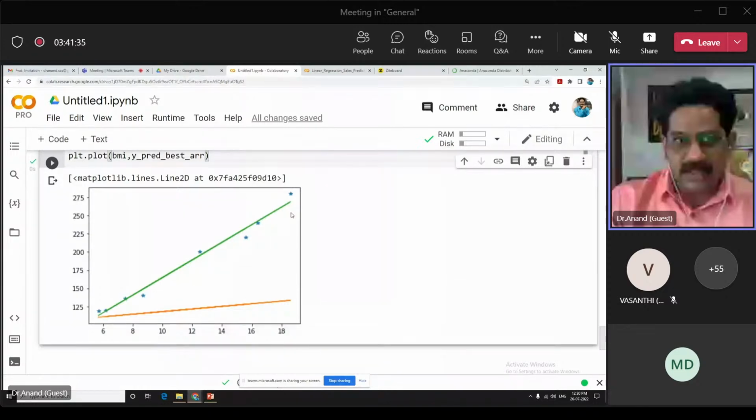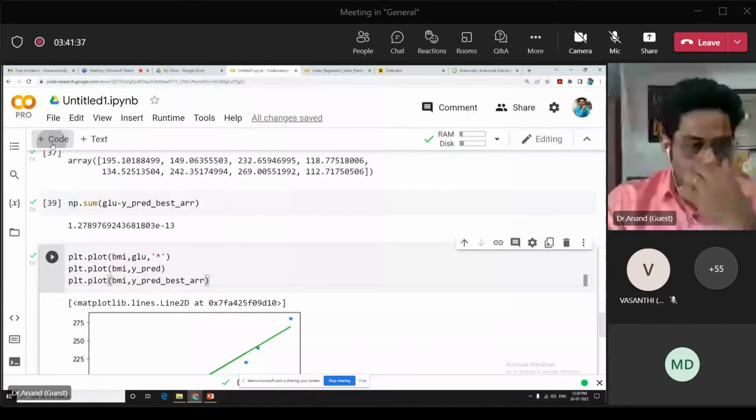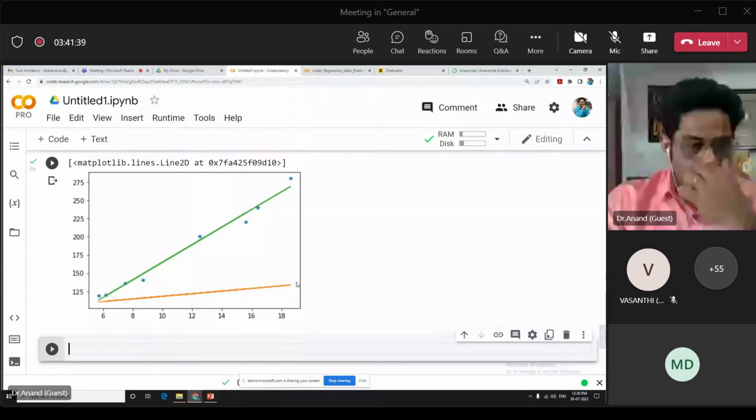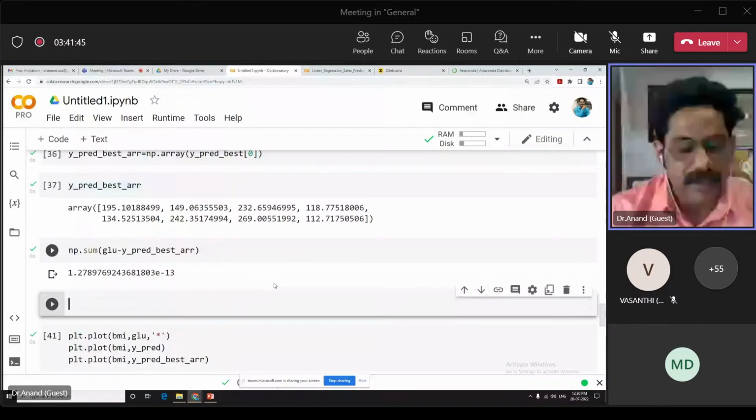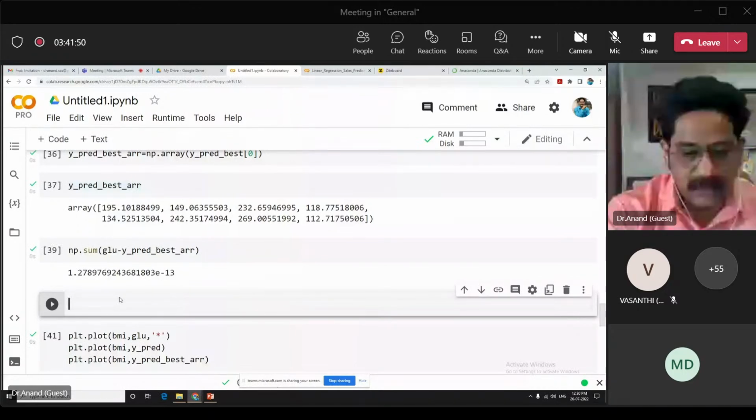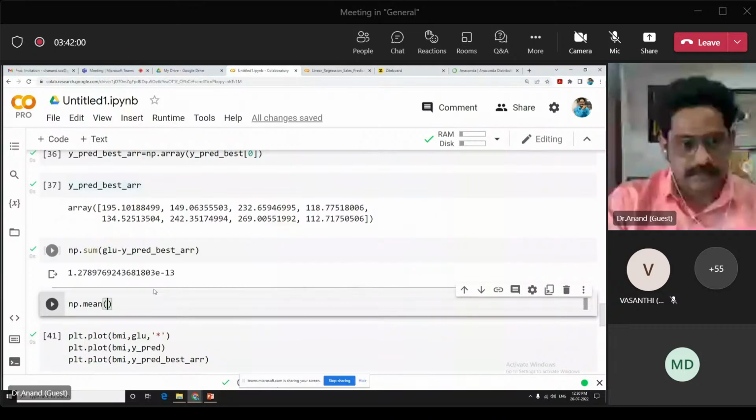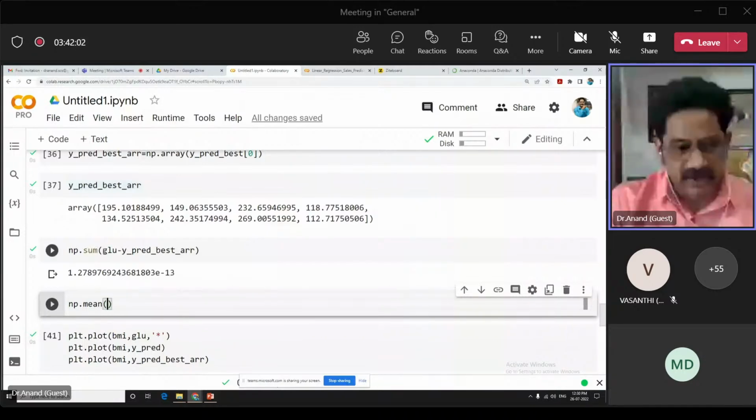Actually, you can also compare the mean square error for this. So wherever you have got this sum of the residues, right? If you wanted to compute MSE and RMSE score, what I can do is np dot mean of this difference.